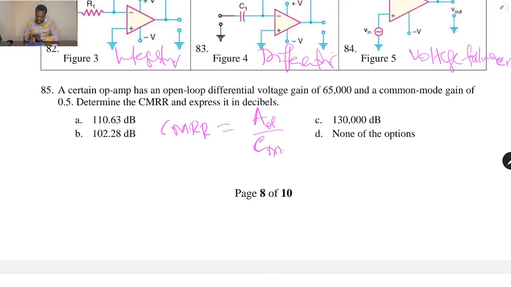With this formula, since we want this in decibels, we multiply by 20 log.